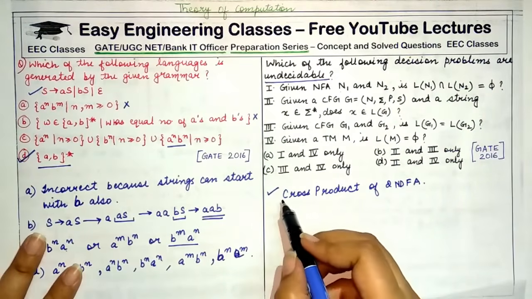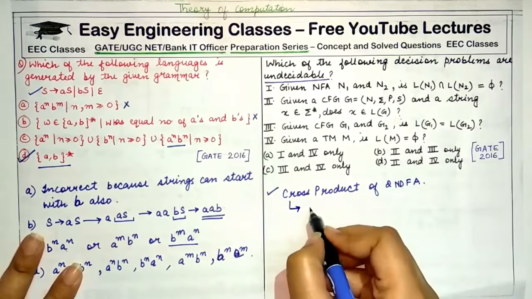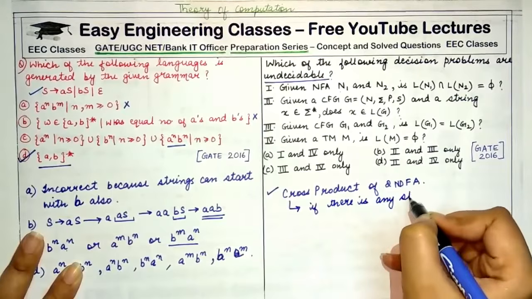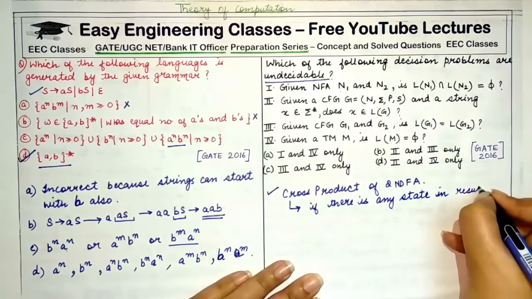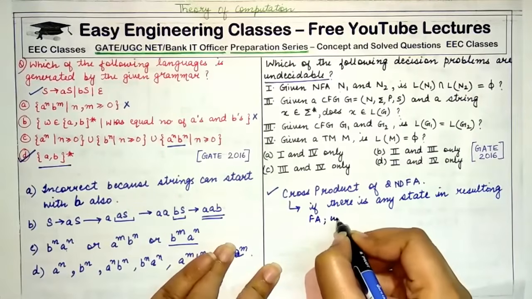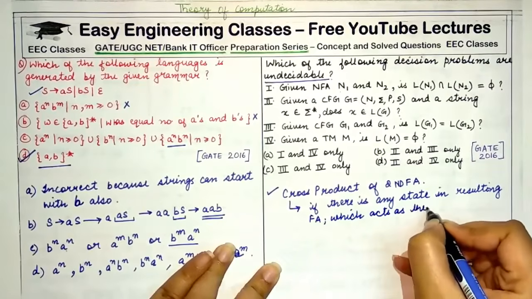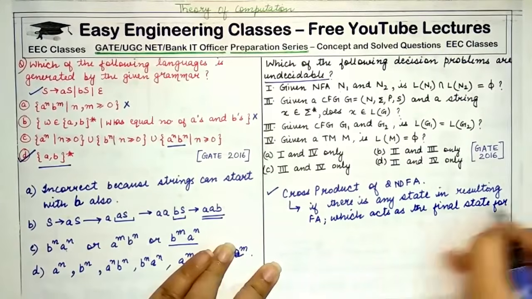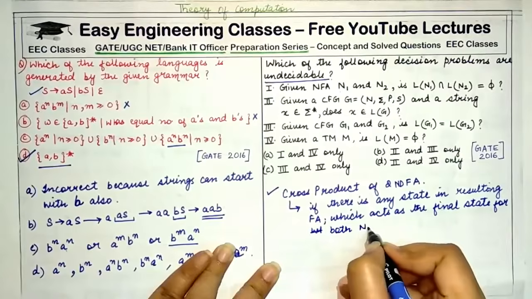So the first thing you have to do is find the cross product of the two NFAs, and after that you have to see if there is any state in the resulting finite automaton which acts as the final state for both N1 and N2.